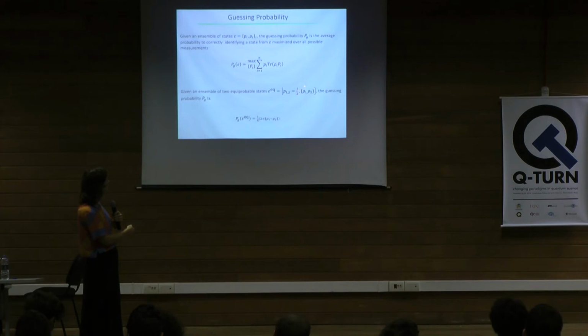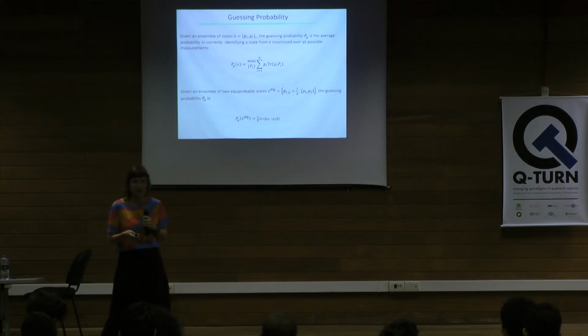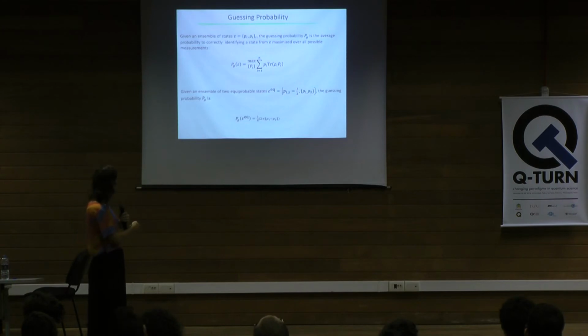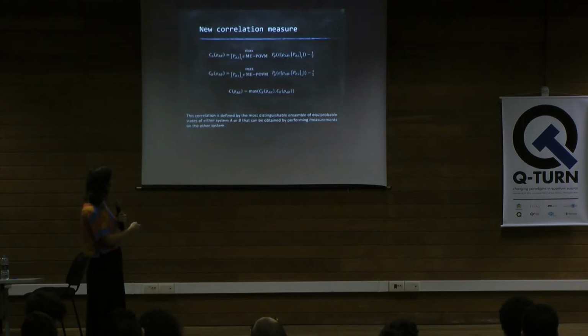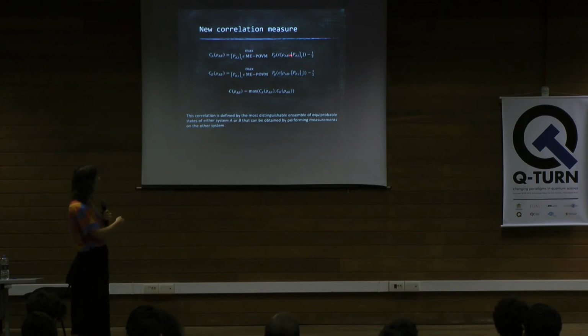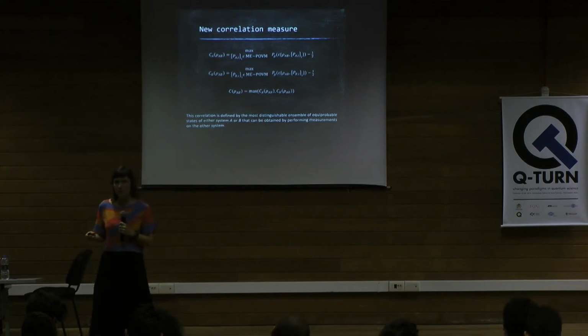And if I just have two states appearing with the same probability, we can show that this guessing probability is related to the trace norm of this difference, which we also know is the distinguishability, okay? And the way that we would define the correlation measure is by maximizing this guessing probability, but constrained to the maximally entropic POVMs.